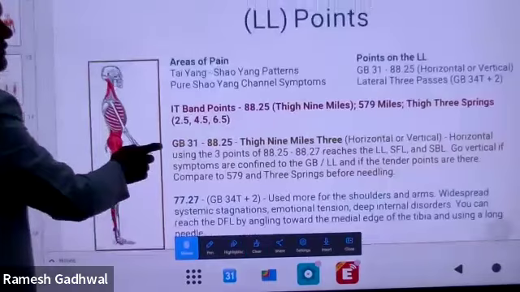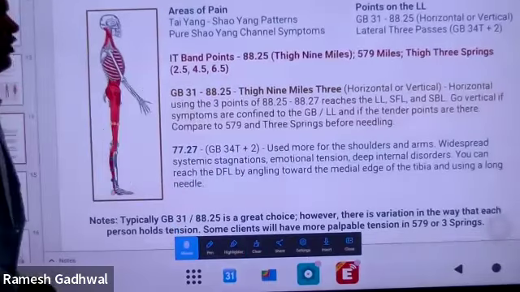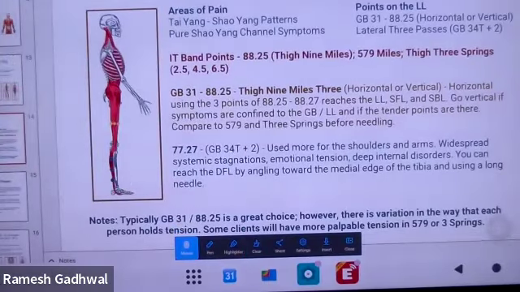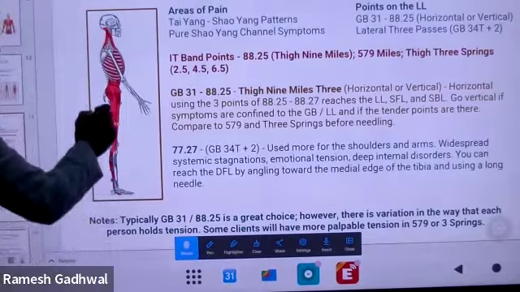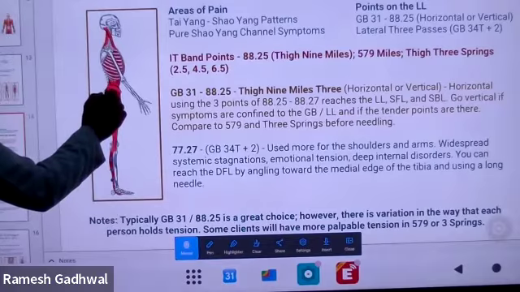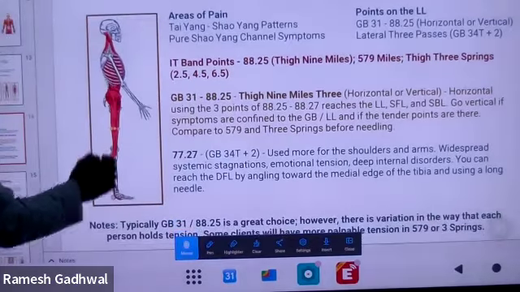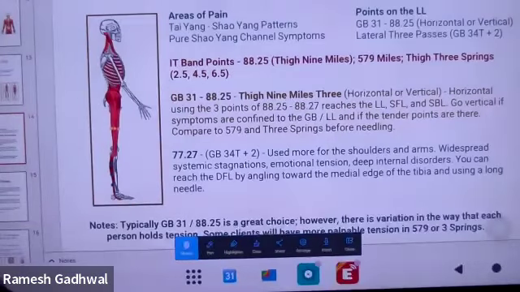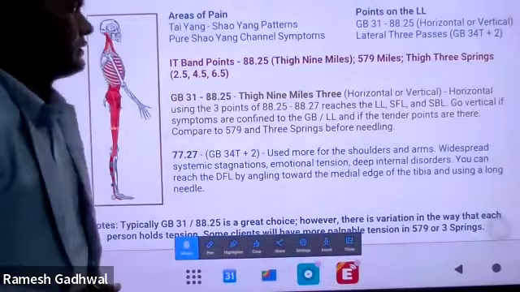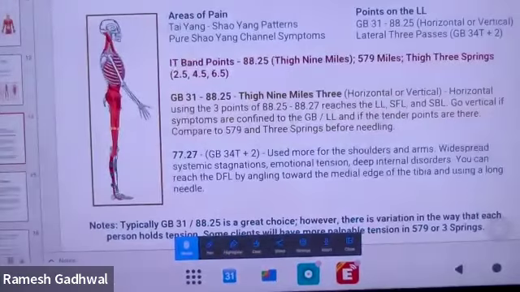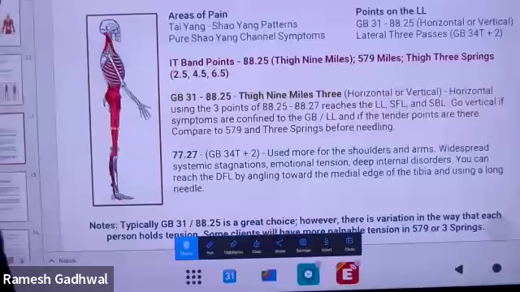So lateral line points. Area of the pain: Taiyang, Shaoyang, and Yangming, then pure Shaoyang channel. The points on the lateral lines here. This is the lateral line, so all the GB meridian is on this line. Okay. GB meridians, GB 31 is equal to 88.25, horizontal or vertical.